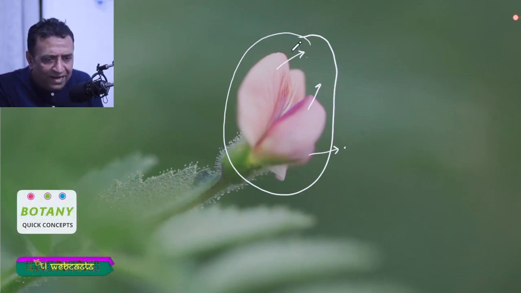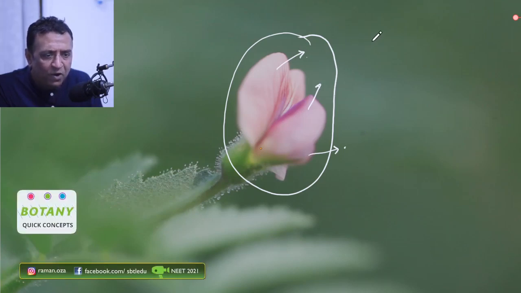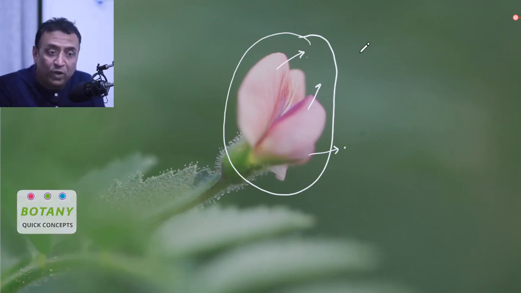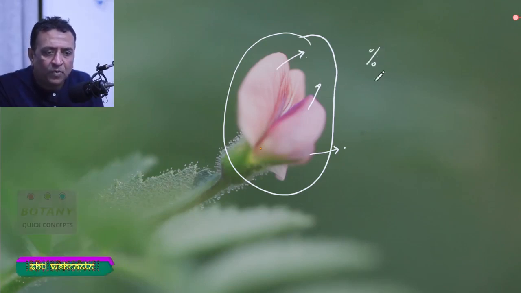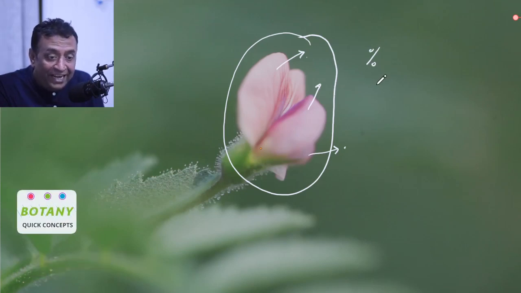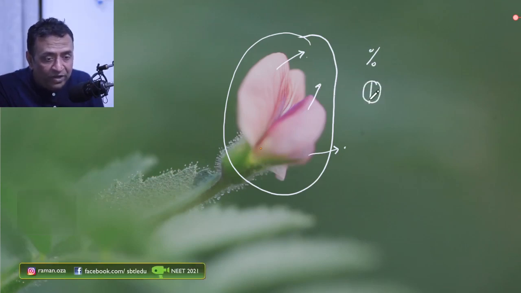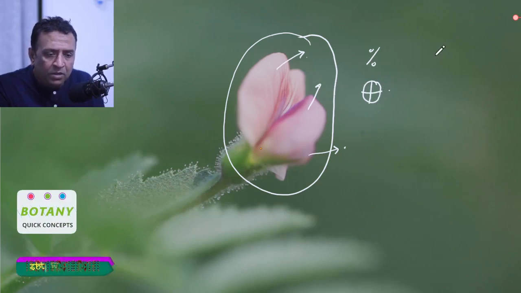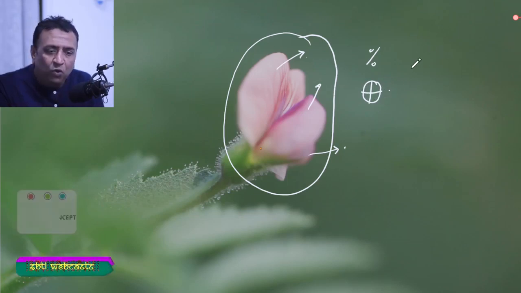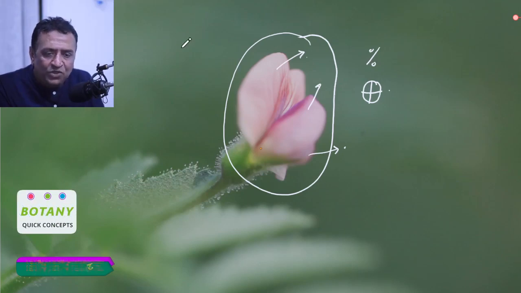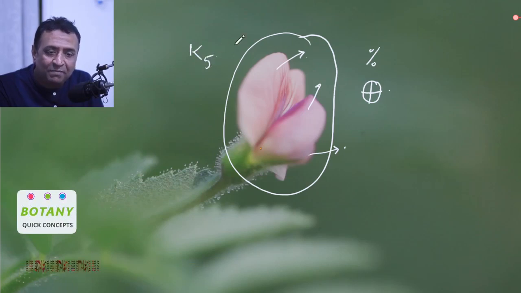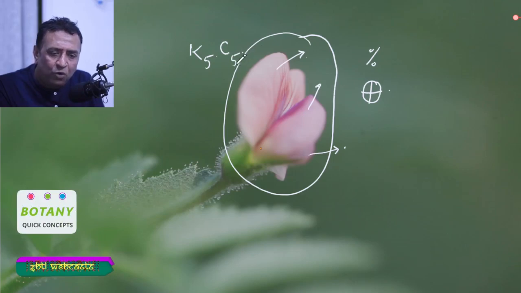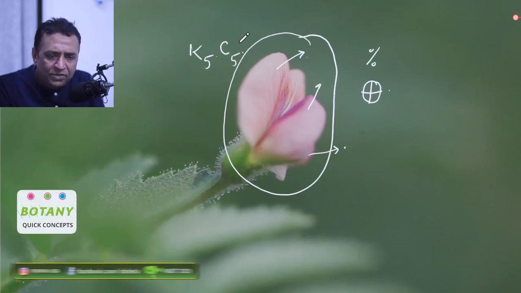It has bilateral symmetry, and symbolically, while writing the floral formula, we write something like this. While writing for an actinomorphic flower, I told you that we use this symbol. And in the rest of the floral formula, we use the term K5, means there are 5 sepals, C5 means the corolla has 5 petals.